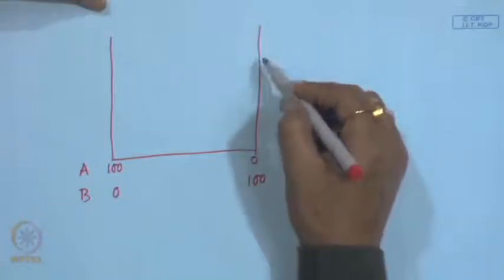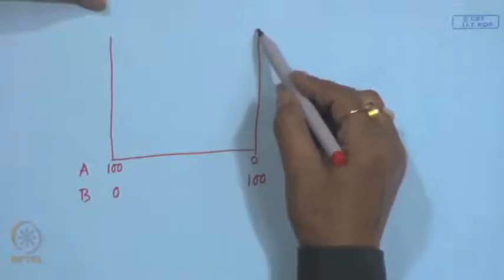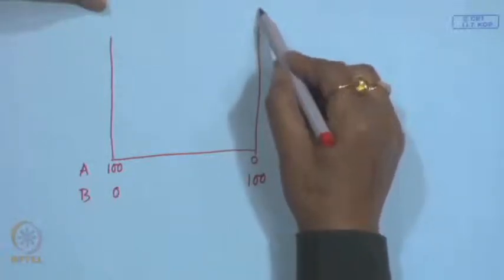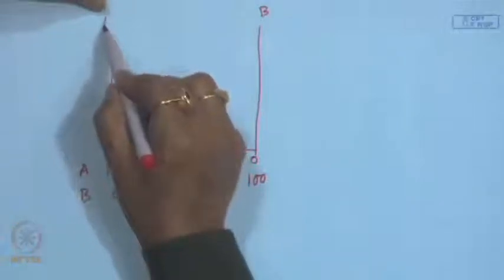So, this is the properties axis of pure B, this is the properties axis of pure A.